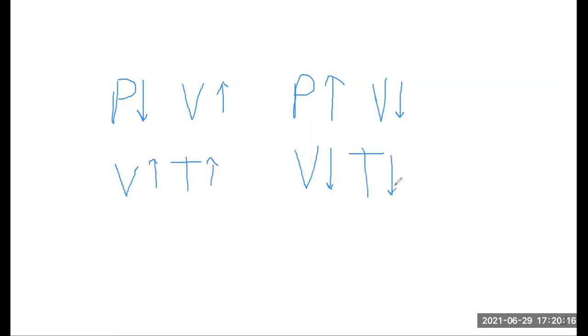We also had Gay-Lussac's law, which was pressure and temperature. That one's also a direct relationship. P is increasing when your temperature increases, or the other flip, pressure decreases when temperature decreases.